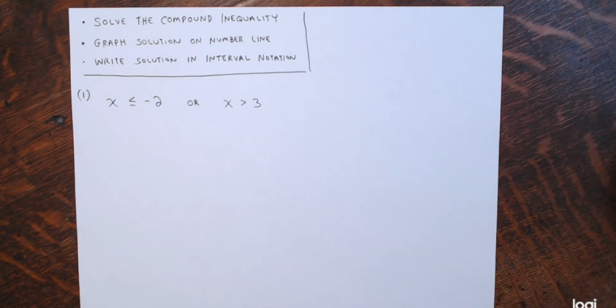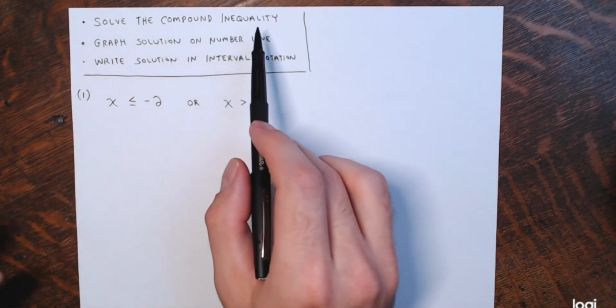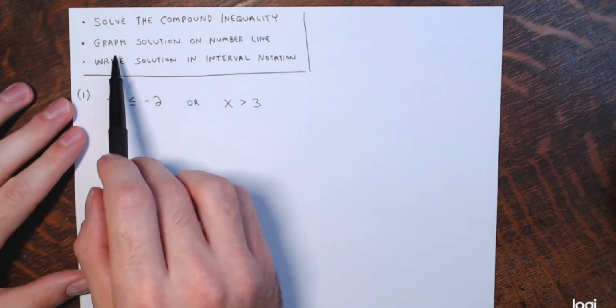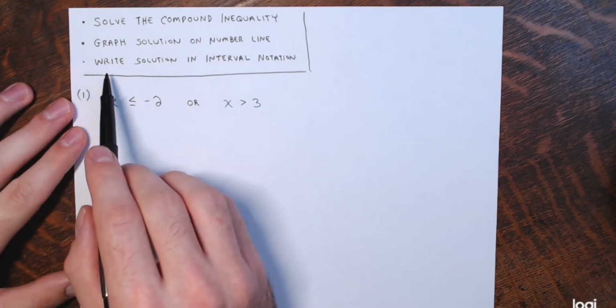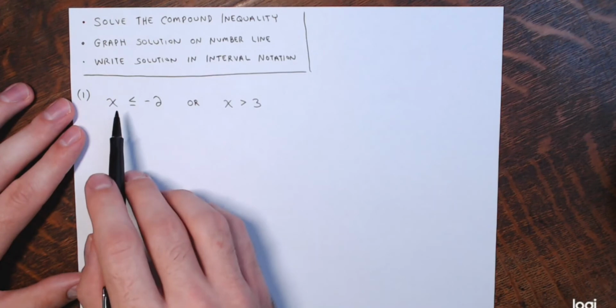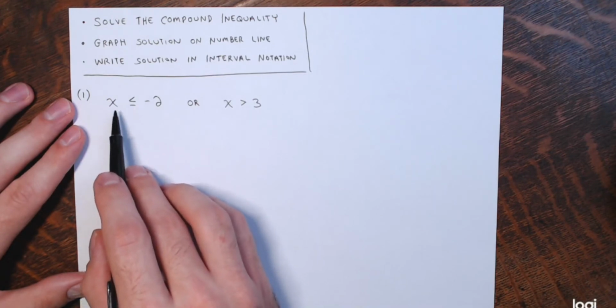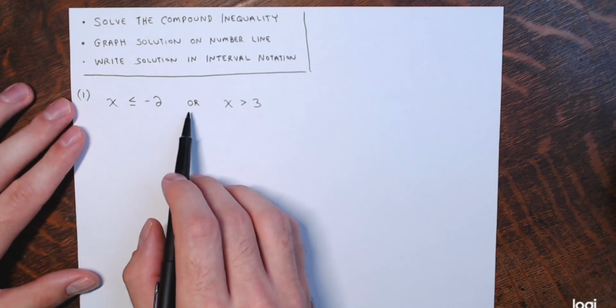In each of these examples, I'm asked to solve the compound inequality, graph the solutions on a number line, and write the solution in what's called interval notation. So the first one here is two inequalities connected by a connecting word, either and or.